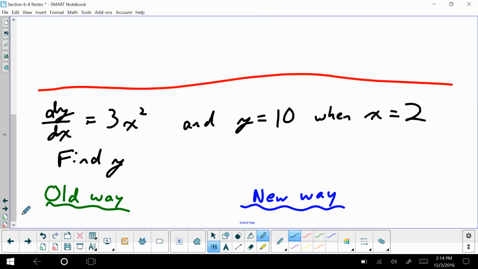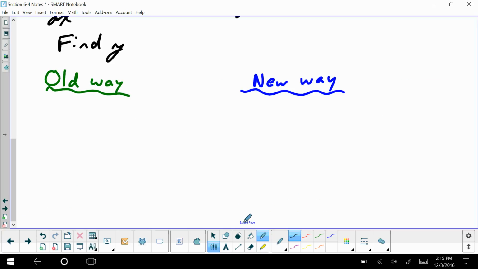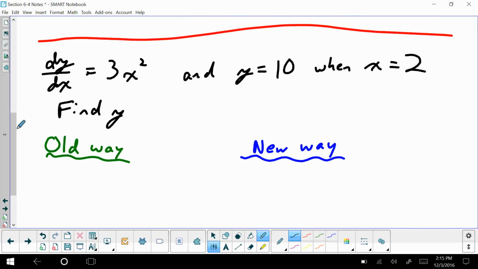Now, to compare to how we did antiderivatives before, where we were finding general solutions and particular solutions, these are giving me particular solutions. They're just written in terms of integrals. So if I were comparing the two ways, if I had derivative is 3x squared, and y is 10 when x is 2, and I want to find the particular solution.